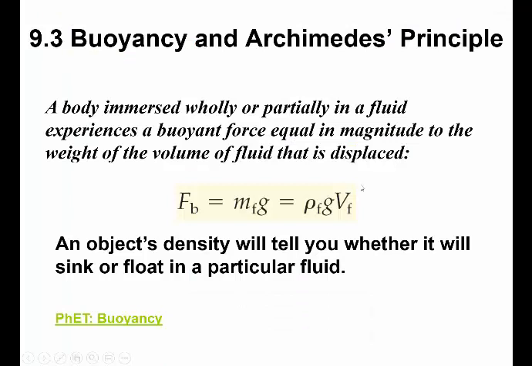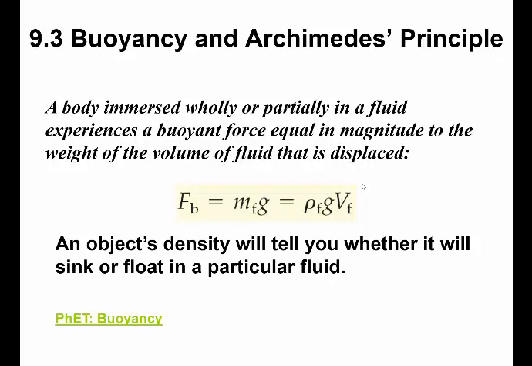So this has to do, at least partly, with this idea of the displaced volume of fluid, or gas in this case, that's displaced. So we can figure out our buoyant force, which is going to be m, the mass of the fluid that's displaced, times g.